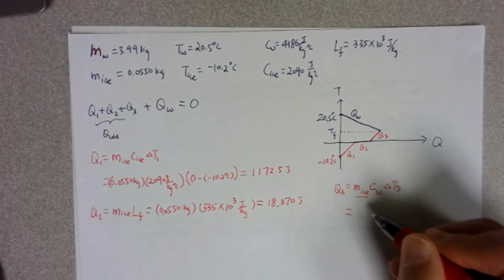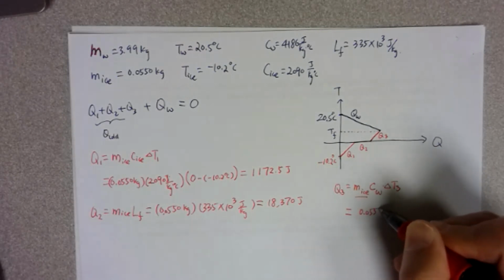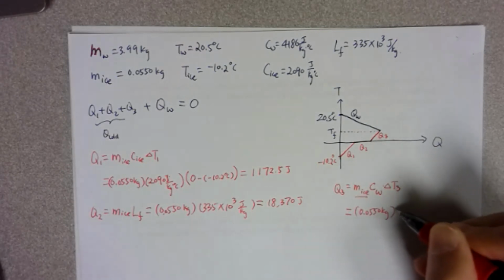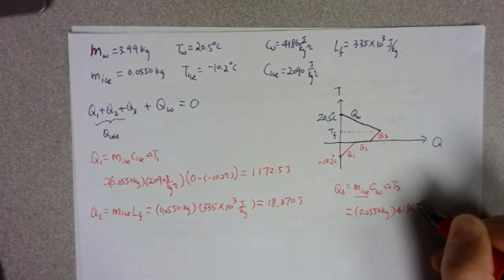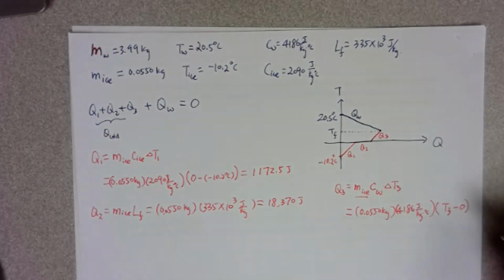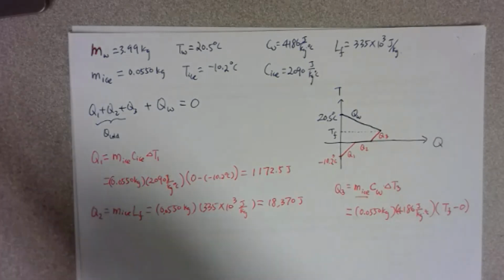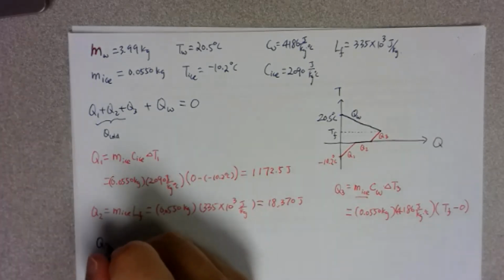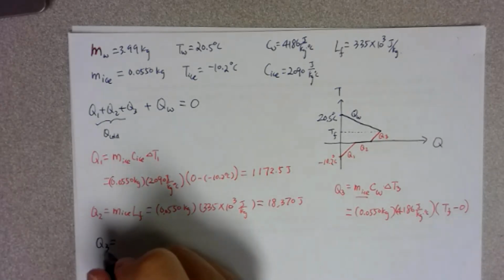So this can be written as 0.0550 kilogram, 4186 joules per kg degrees Celsius times TF minus initial, which will be 0. So that's Q3. We do not know TF yet, so we'll just leave it there. For Q of water, QW, it's going to be just one simple equation instead of Q3.